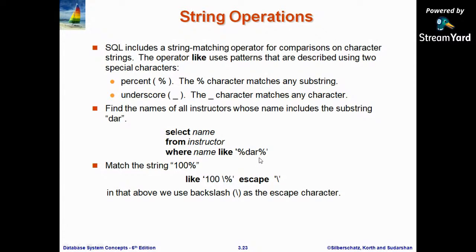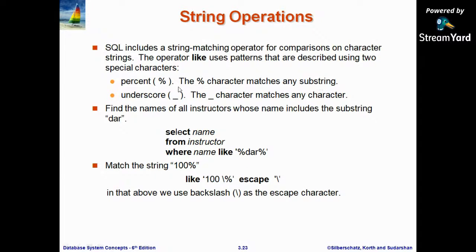The wildcard characters are for generalized matching. So you can individually match a character or you can match a set of characters. To compare strings, you have to use a keyword like LIKE, and you can use the percentage as a wildcard character that matches any substring.